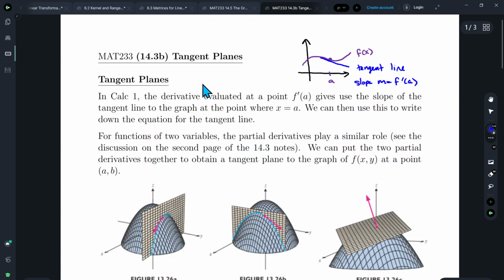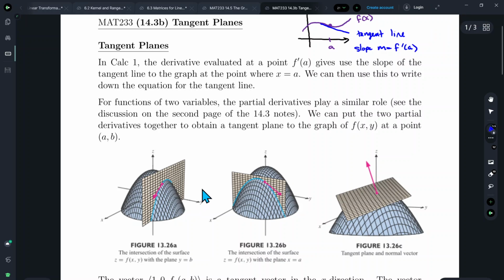Okay, so let's look back at the section on tangent planes, and specifically these three diagrams here. If you look at these graphs, the way the grid lines are drawn onto the graph essentially represents the x directions and the y directions. Like in this example, this is representing the y direction, and the grid lines following along would be parallel to the y direction.